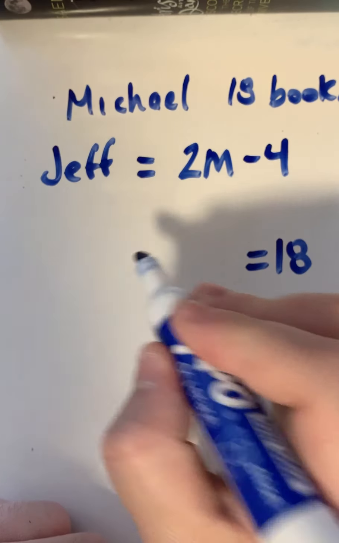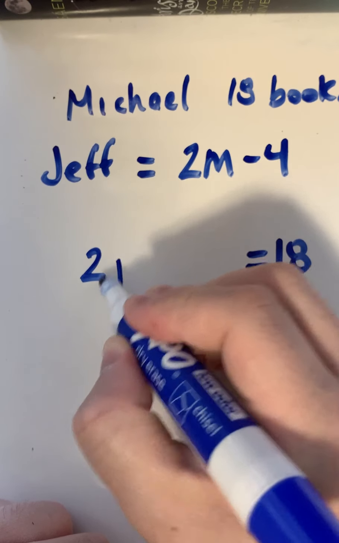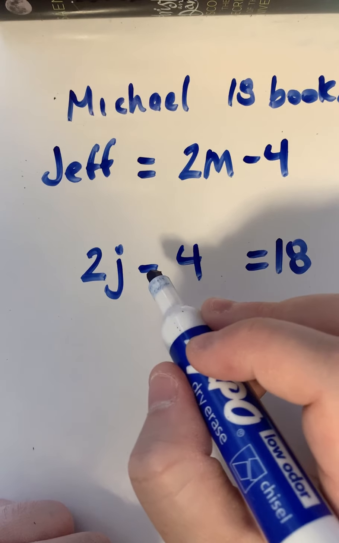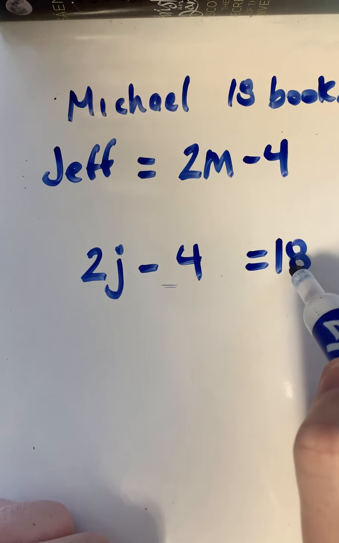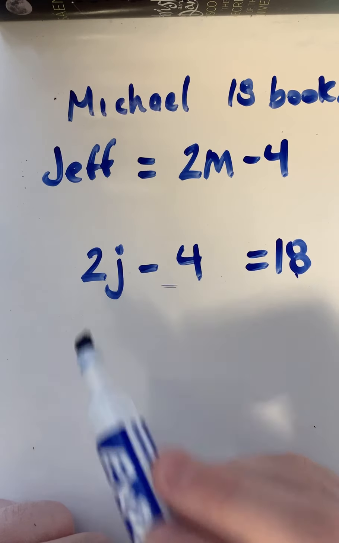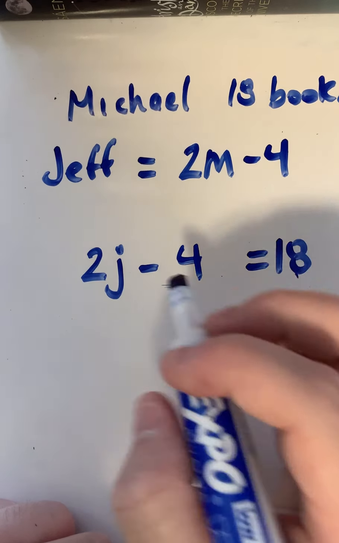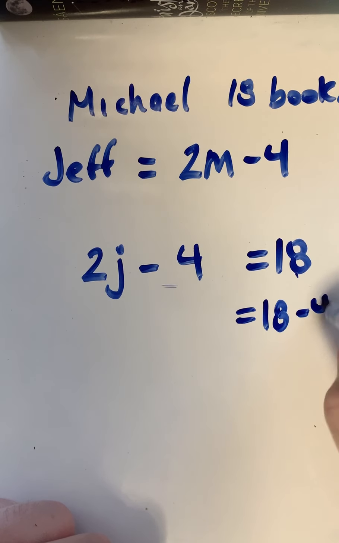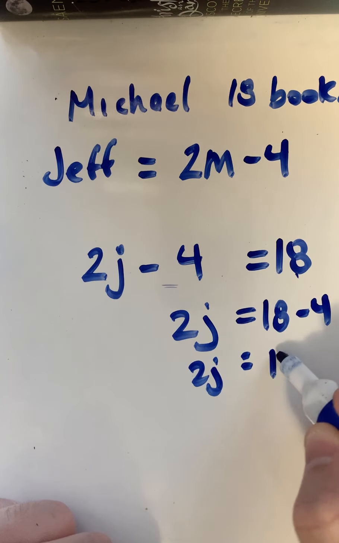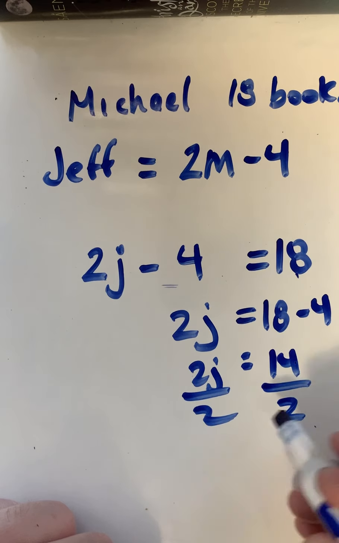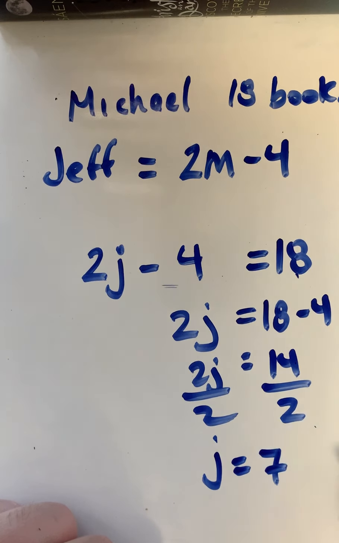Well, we know that it's going to be twice the amount. Okay, so we're going to say 2J minus 4. This was 4 fewer than twice the amount that Jeff read. So this 18 was 4 fewer than twice the amount that Jeff read. Okay, so to figure out what Jeff read, we have to, again, isolate the variable, 18 minus 4, 2J. 2J equals 14. Divide both by 2. J equals 7.